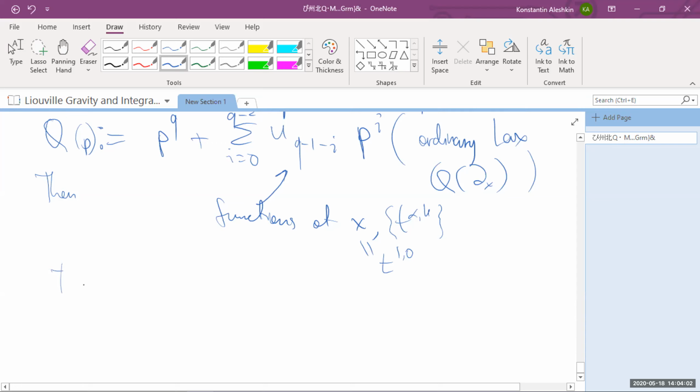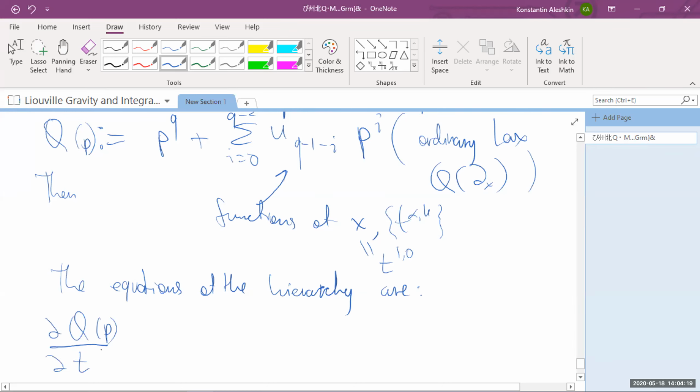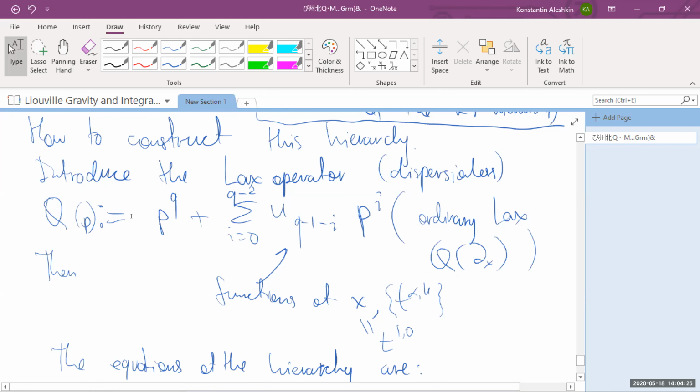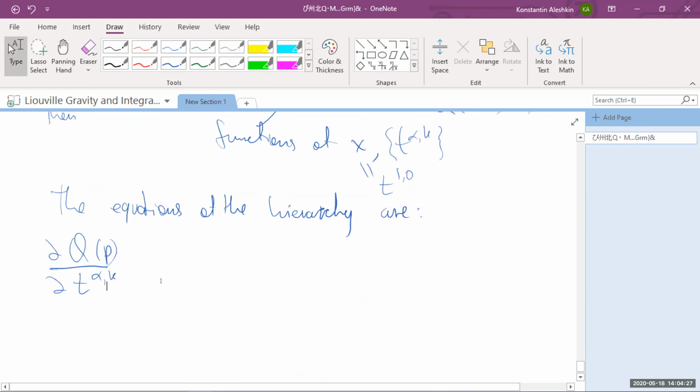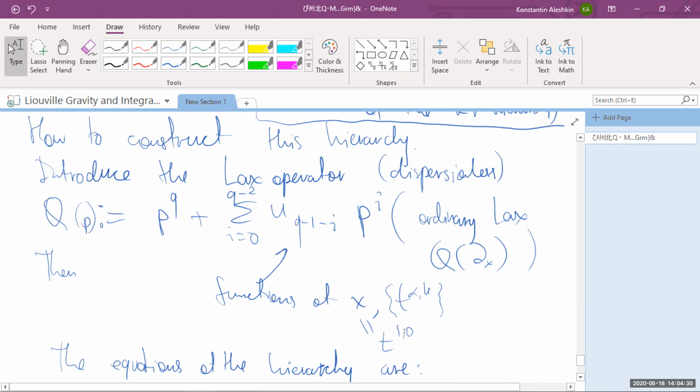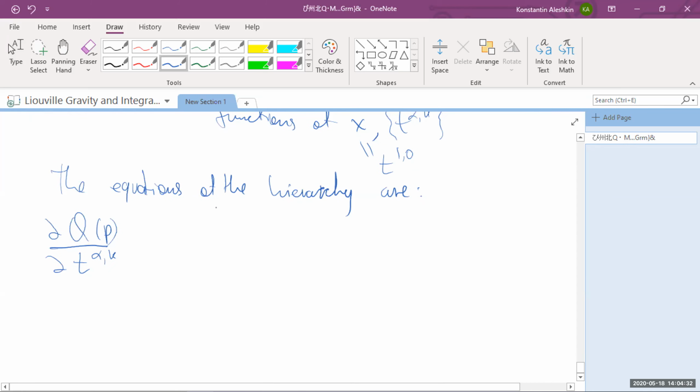And the equations of the hierarchy can be written in the Lax form. So dq of p over dt alpha k. So p is, of course, doesn't depend on these guys, but these u's, they depend on all these times, is a Poisson bracket of qp.